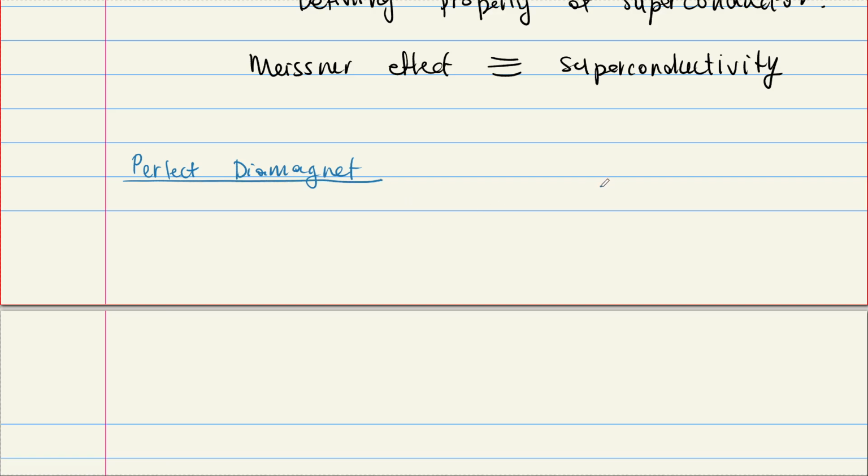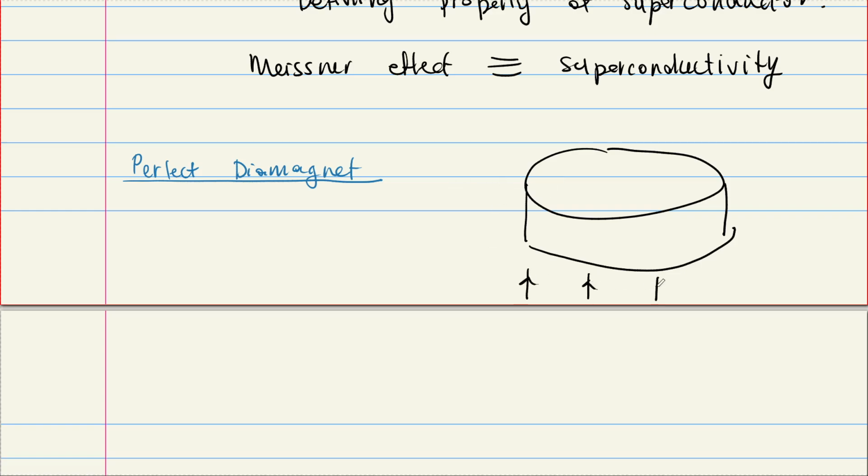So as we have gone through, we have some superconducting sample, and you apply some external field. We typically show it with H. Some books call it the H field, and this H field is going to give an M field inside the superconductor, right?